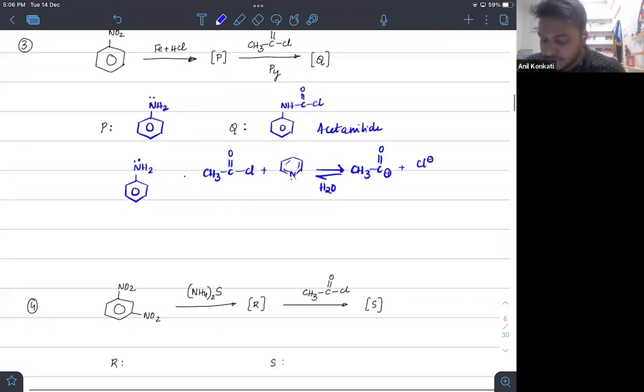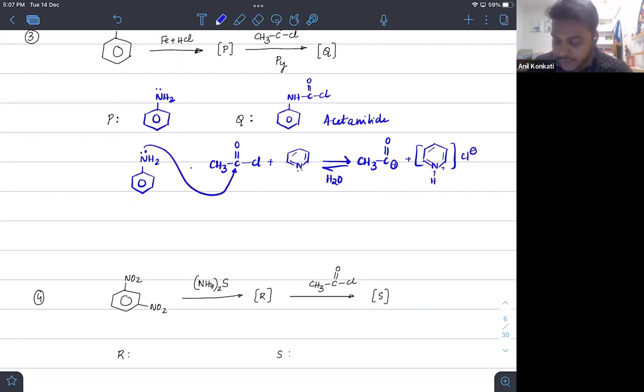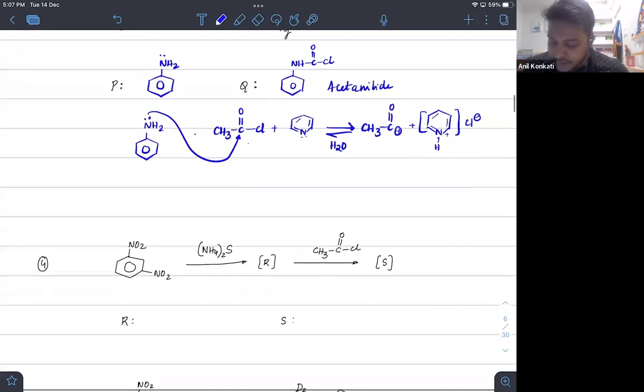So pyridine would take up that H plus and make it pyridinium, like this, H pyridinium, and forms chloride, just like salt hydrolysis. So we can expect this to be present in the solution, or even if water is not there, the lone pair present on ammonia will directly attack here, makes it an SNTD type of mechanism.